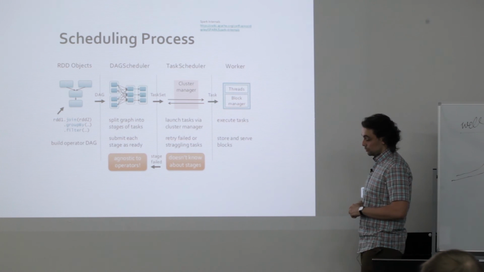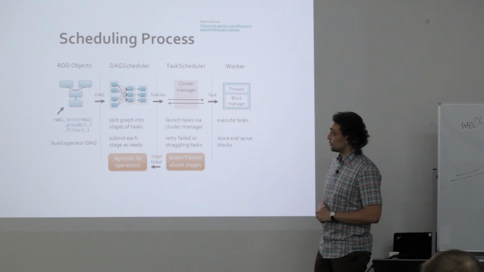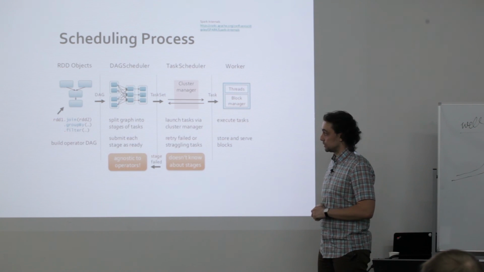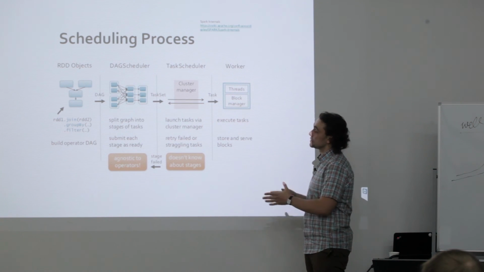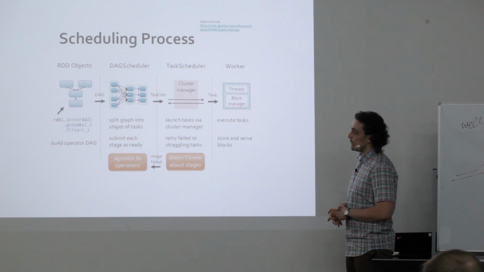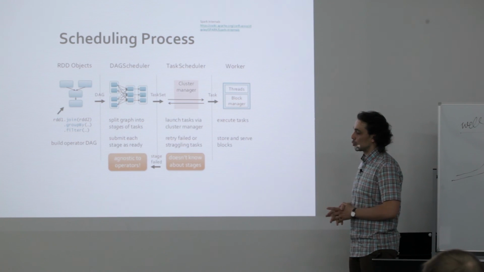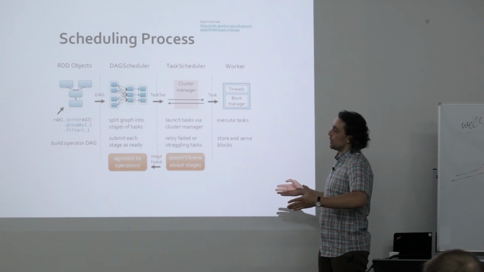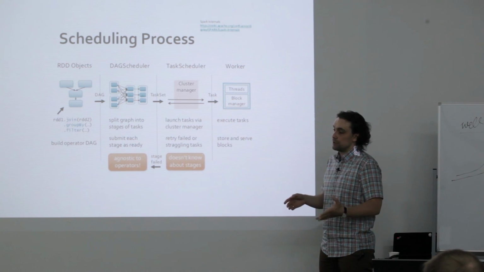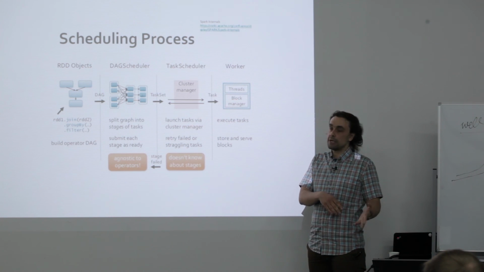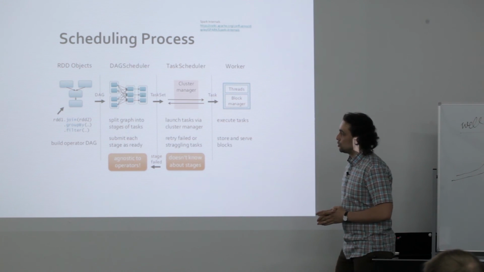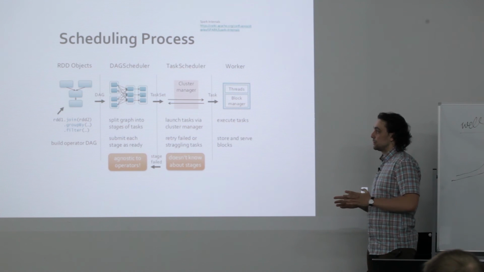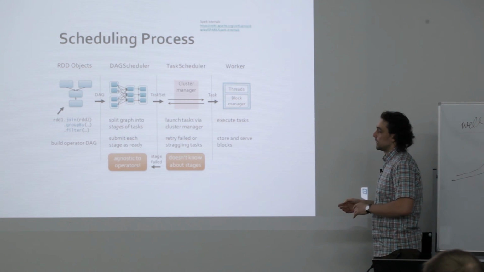How is the scheduling process implemented in Spark, and what parts does it consist of? You write, for example, code that does something with your amount of information, such as a map operation. Each operation in Spark is divided into transformations and actions.